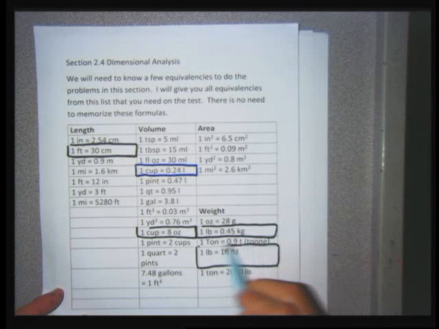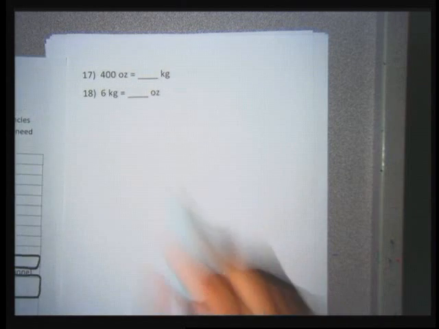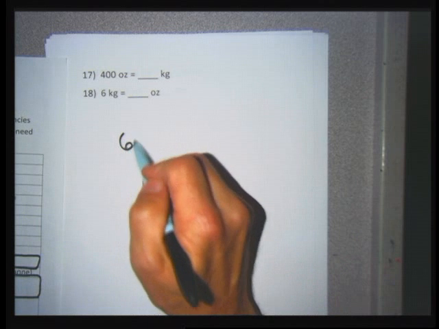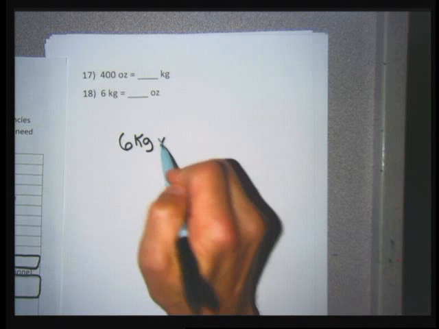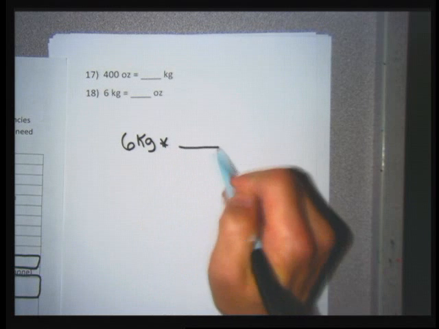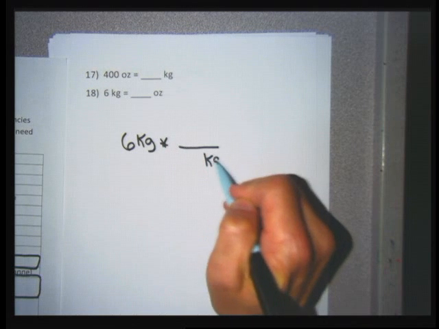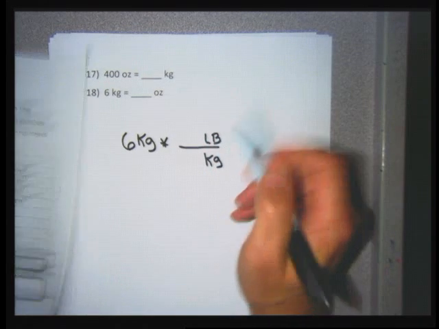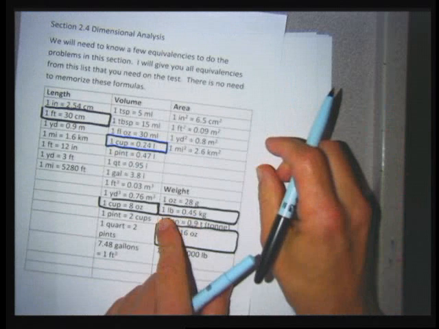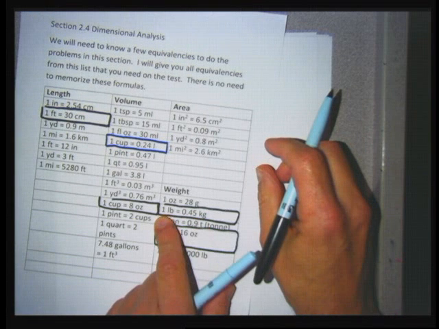So I'm going to do this in 2 steps. So my fractions are going to be different than yours because you're going backwards from me. So my first fraction is going to get rid of the kilograms and put me into pounds, because that's the relationship I had between kilograms, the metric system, and our English system.